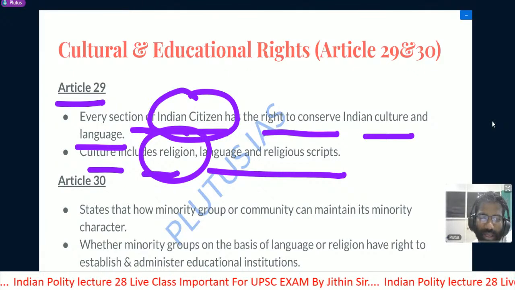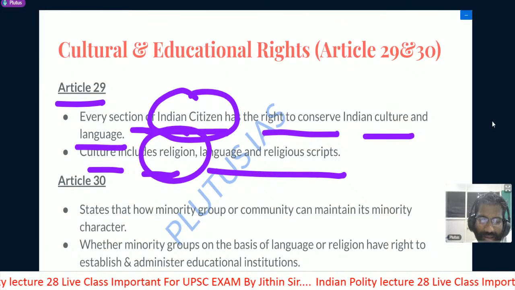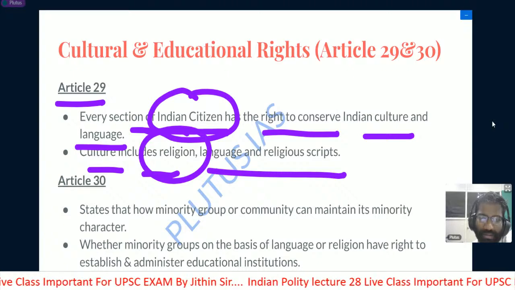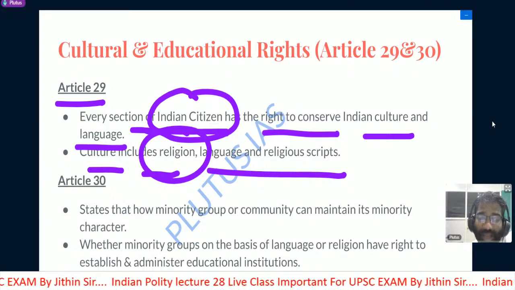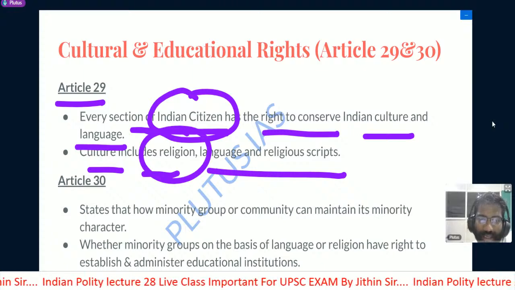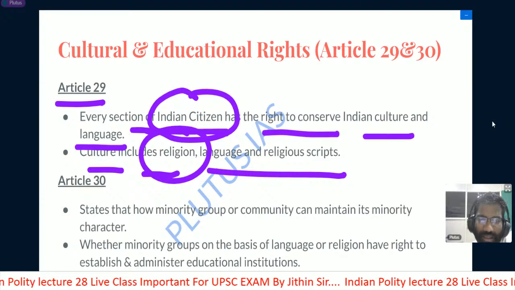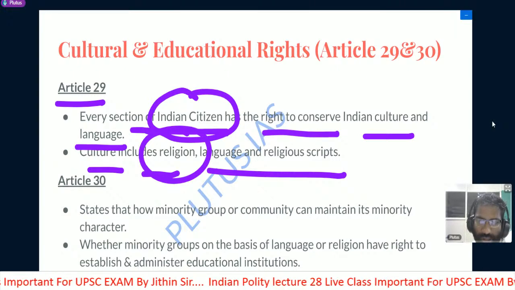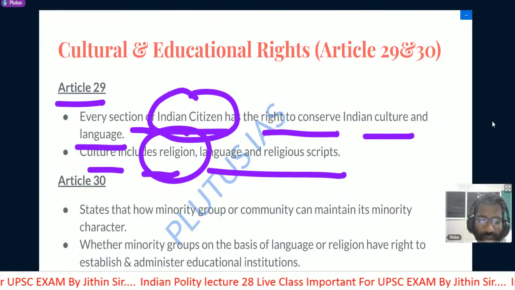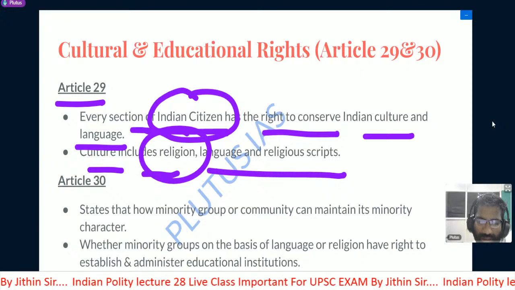These are also called minority rights. The word minority is not defined in the Indian Constitution.